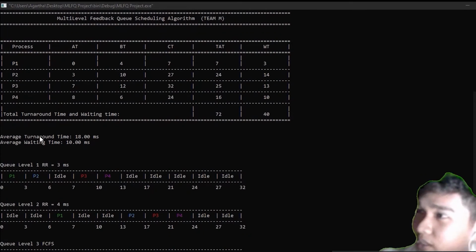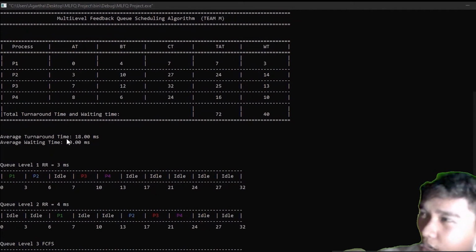To find the average turnaround time, the summation of turnaround time divided by the entered number of processes, which is 4. So 72 divided by 4 is equal to 18 milliseconds.